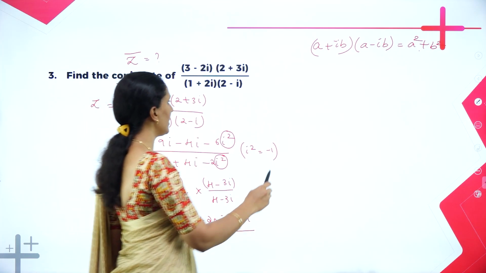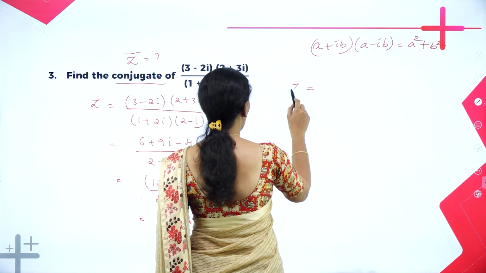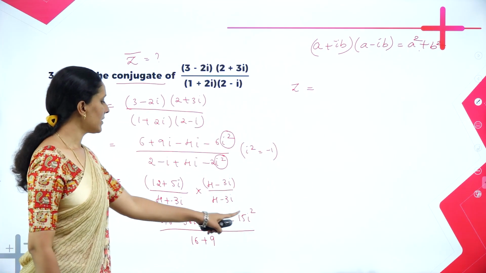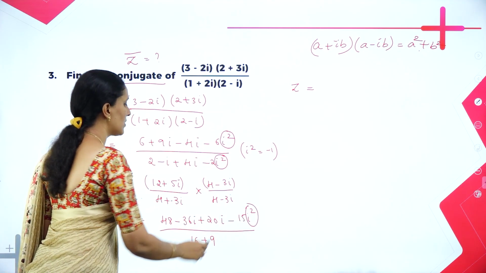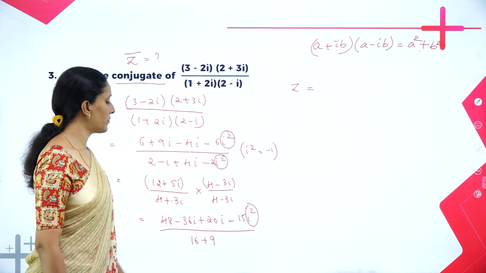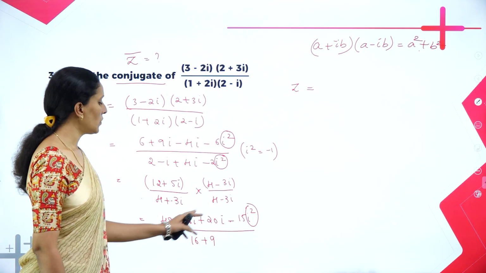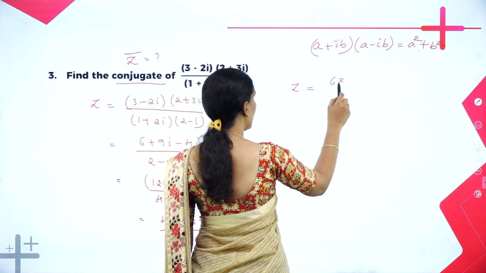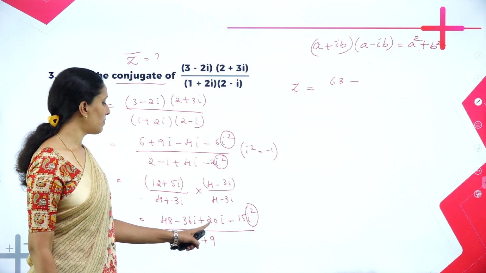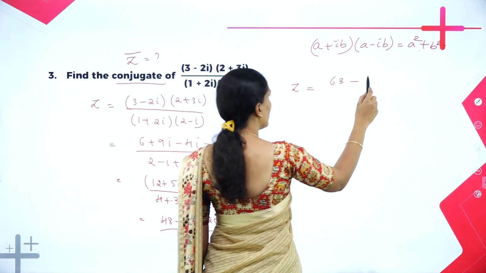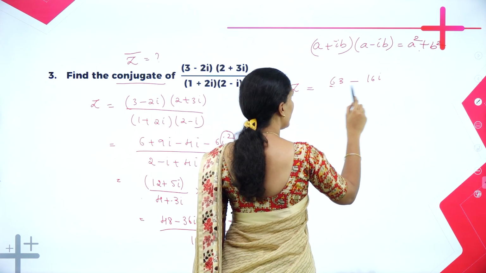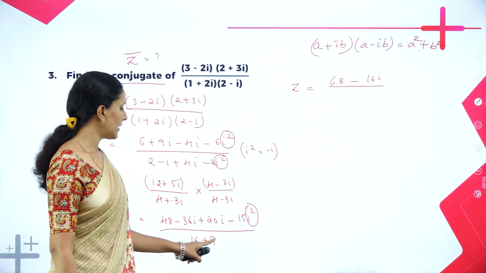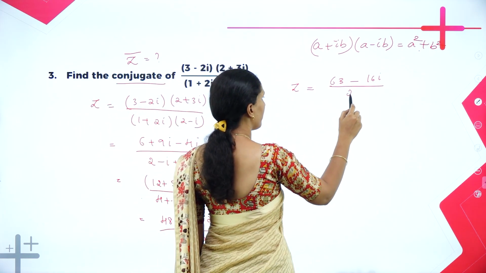Now on solving this, we will get the value of z as i square is minus 1, minus 1 into minus 15 becomes plus 15. So the value is equal to 63. So we have 63, minus 36 plus 20 becomes 16i, divided by 16 plus 9 is 25.